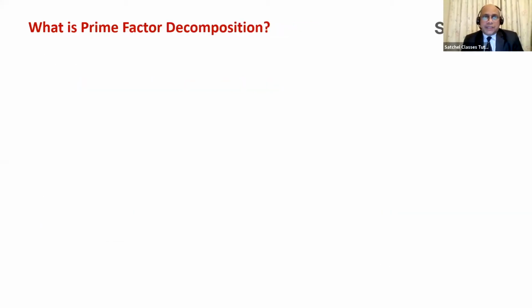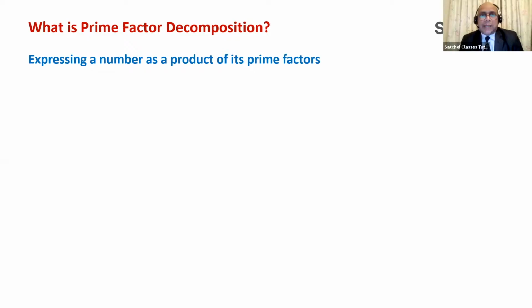So what is prime factor decomposition? Prime factor decomposition is a method to express a number as a product of its prime factors. A method to express any number as a product of its prime factors. For example, 15 can be written as 3 times 5.